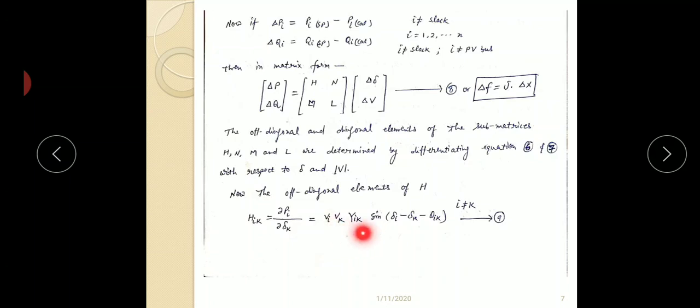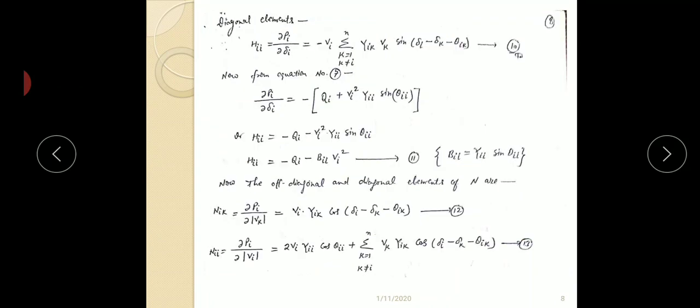Then we have Vi Vk Yik sin of delta i minus delta k minus theta ik. Here i not equal to k. And the diagonal elements Hii can be found by del Pi over del delta i. So we have equation number 10.